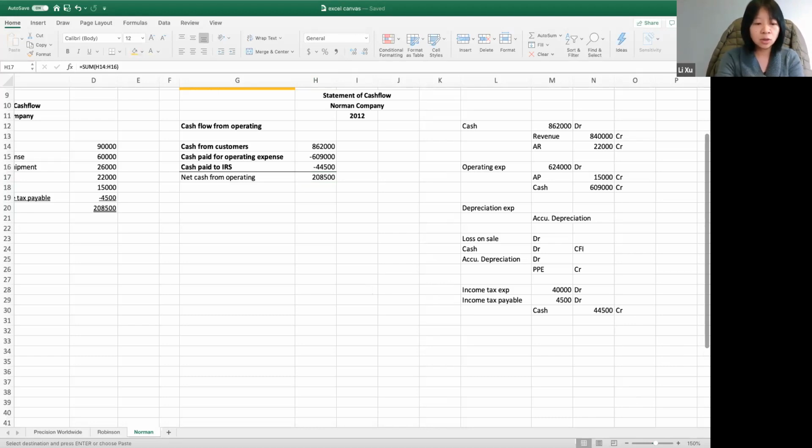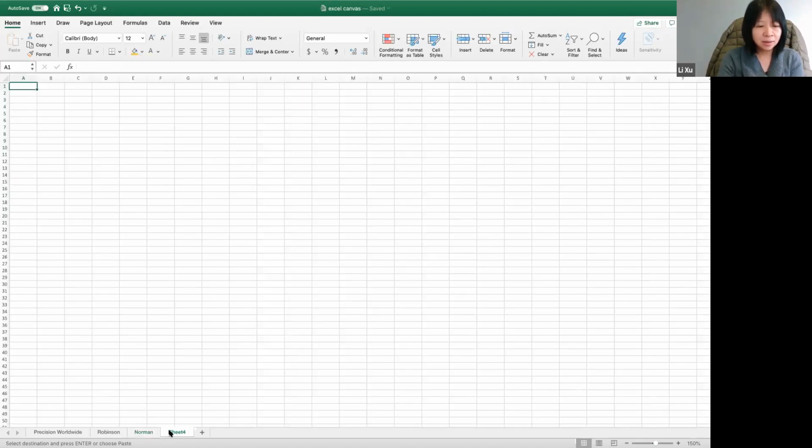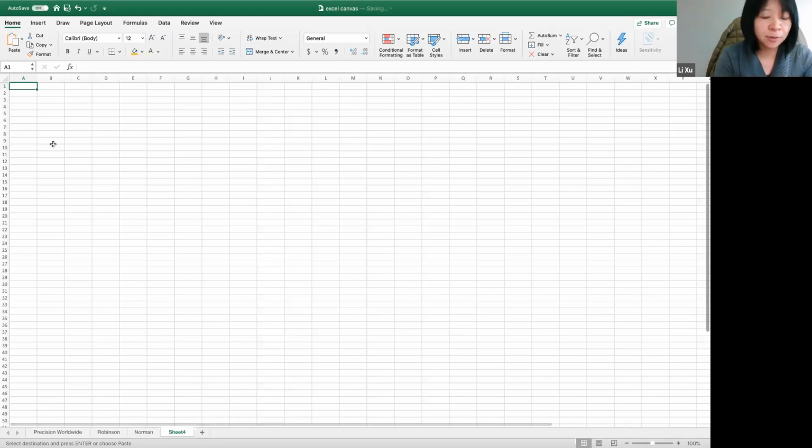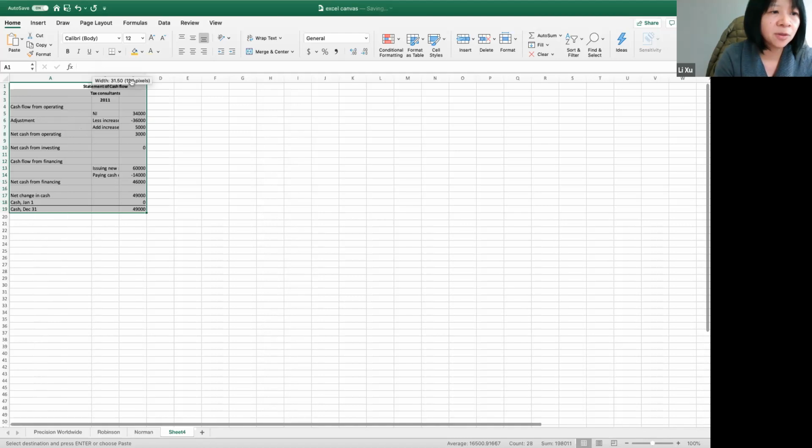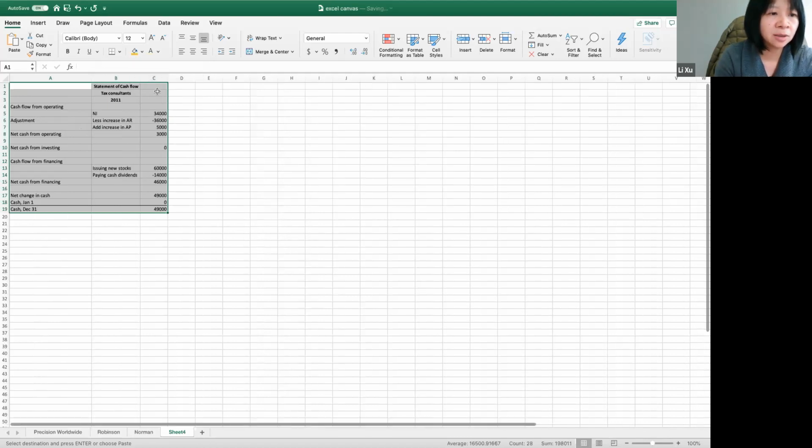And I wanted to just make this complete to also do direct method for the operating section. Okay, so I have this, maybe slightly different from whatever you have in your study notes.